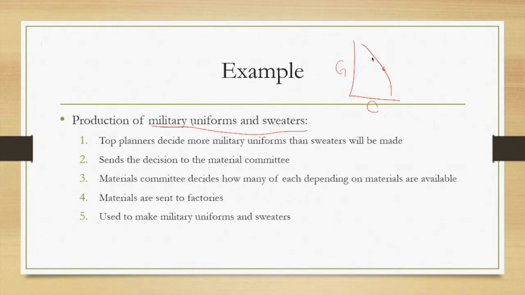In a free market, the producers make this decision to meet maximum efficiency. Here, you start off with your top planners deciding that they want more uniforms than sweaters. So they send that directive down, and then they have to look at what's available and how many they can make of one good over the other.